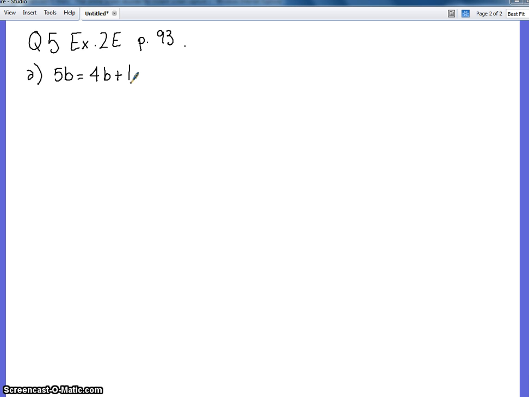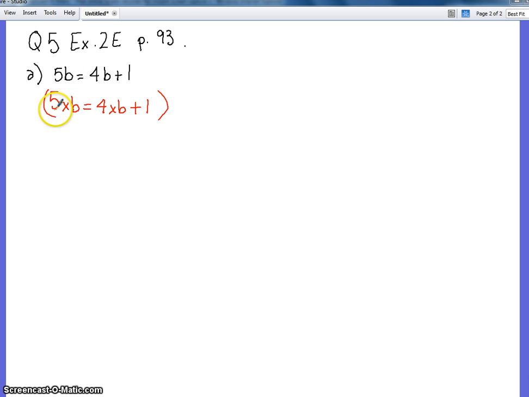Alright. So what this says, this is your thinking, this isn't what you would do in a question, but this would be your thinking. I'll do it in red. Your thinking would be, 5 times b will equal 4 times b plus 1. That's what's in your head.